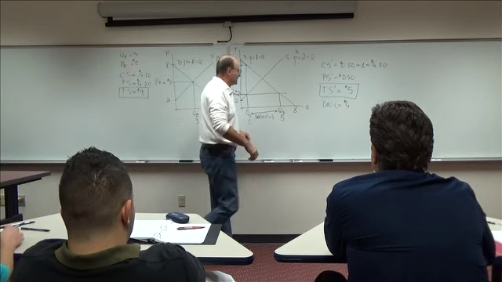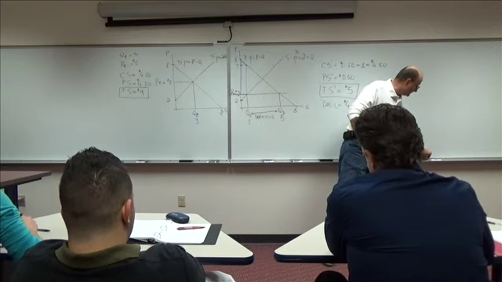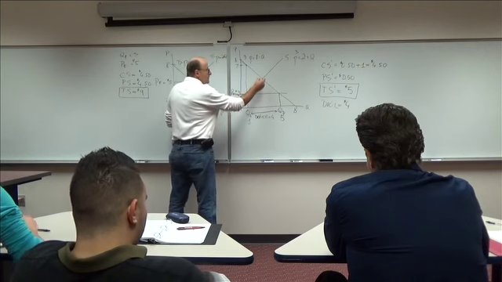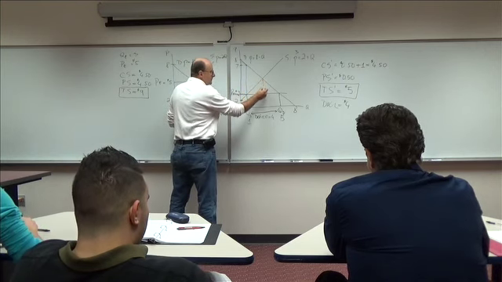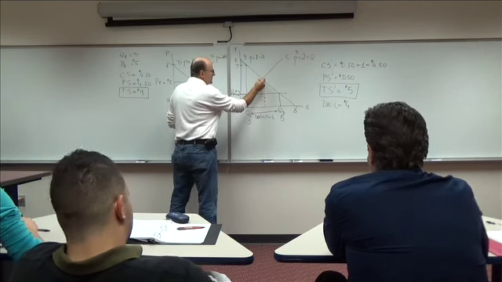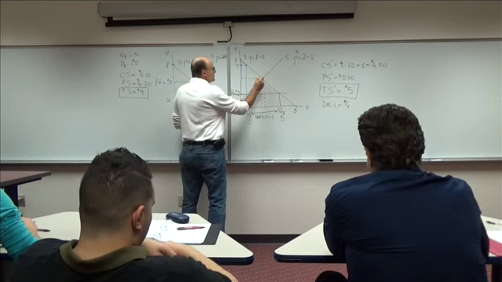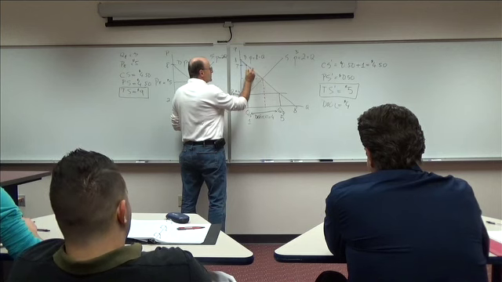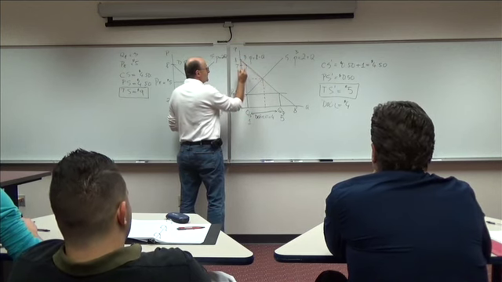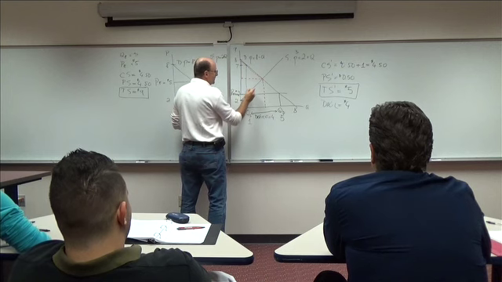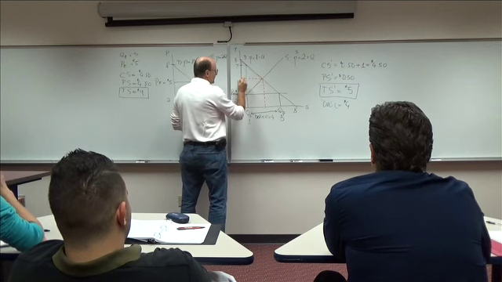Let me use a different color. This was the equilibrium quantity, right? This was the equilibrium price. This was the consumer surplus in equilibrium. This was the producer surplus in equilibrium.